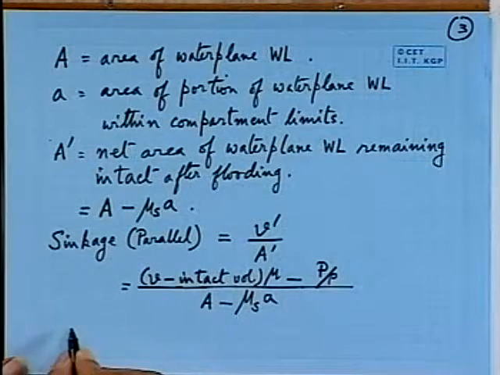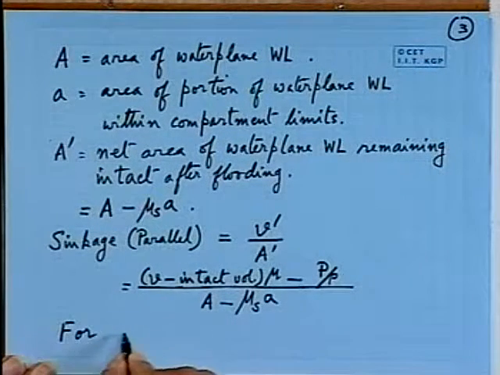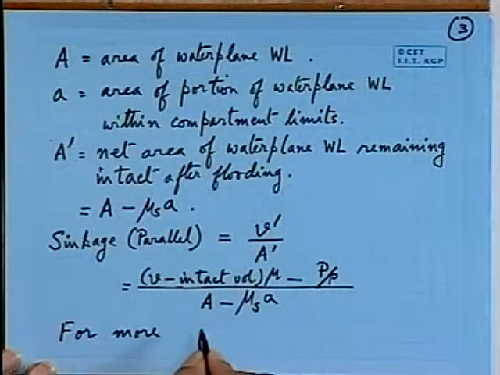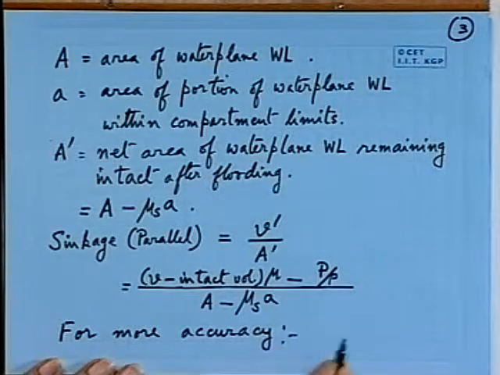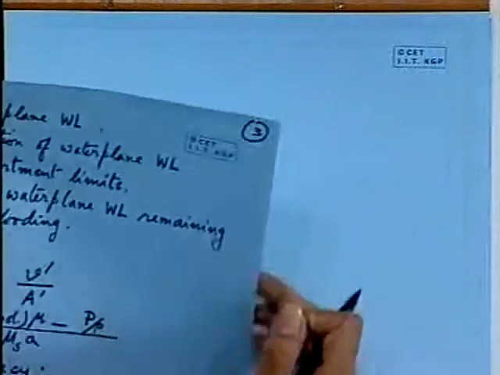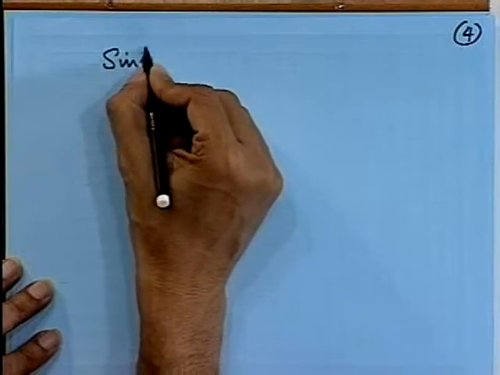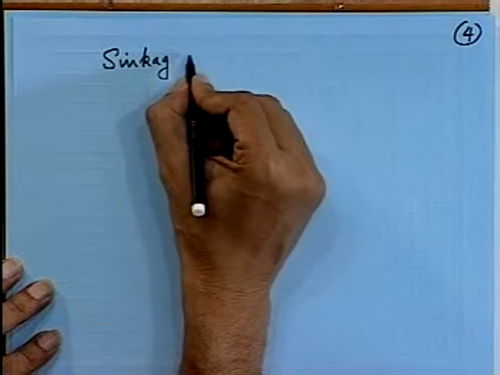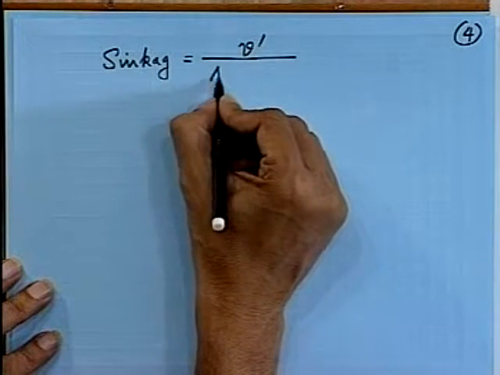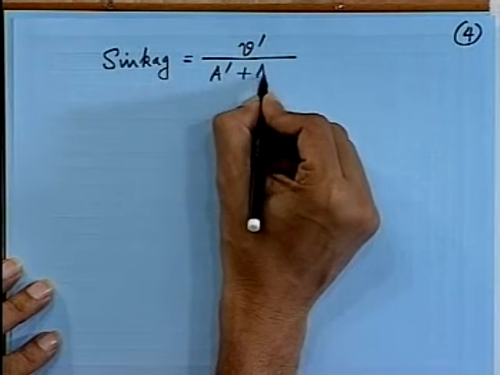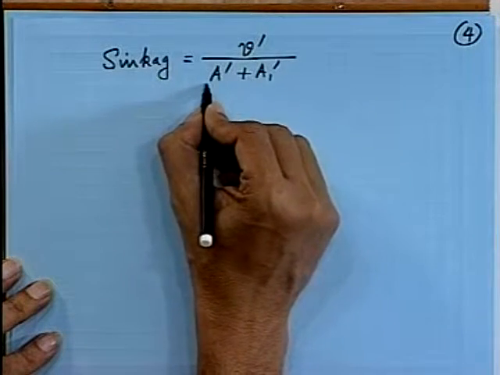So, you can write for more accuracy, one can write sinkage will be equal to V prime divided by A prime plus A1 prime divided by 2.